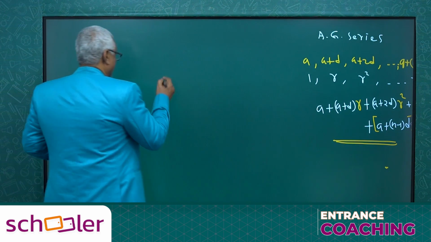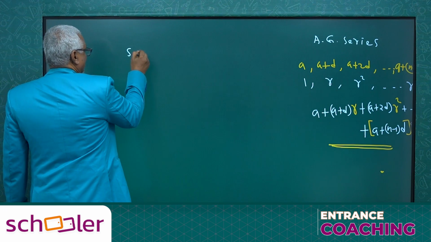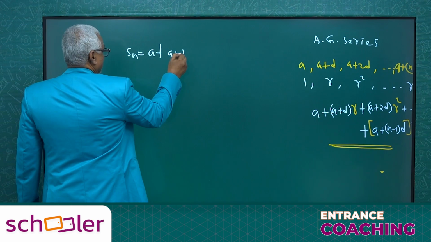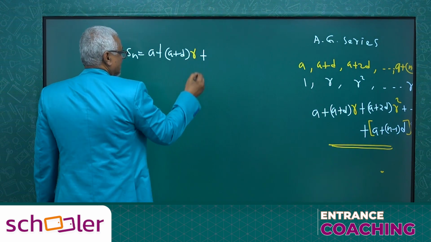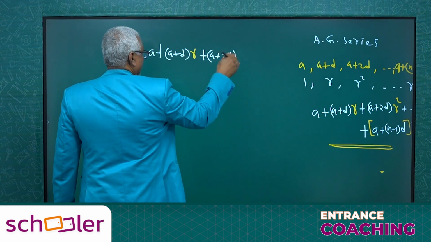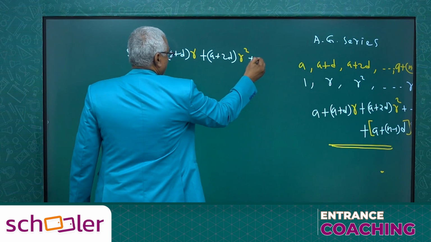So first, the sum to n terms: Sn equal to a plus d into r plus a plus 2d into r square, plus etc., up to n terms.